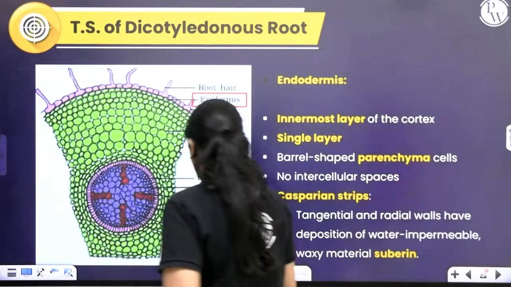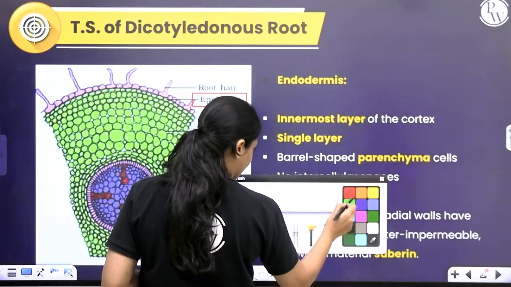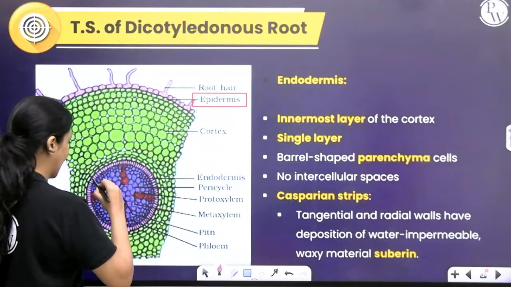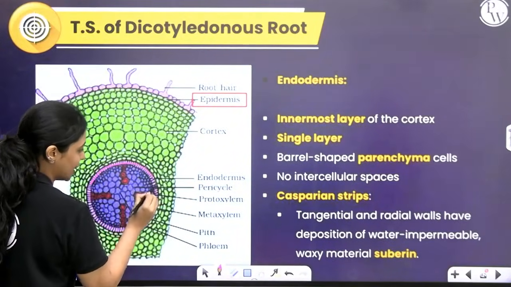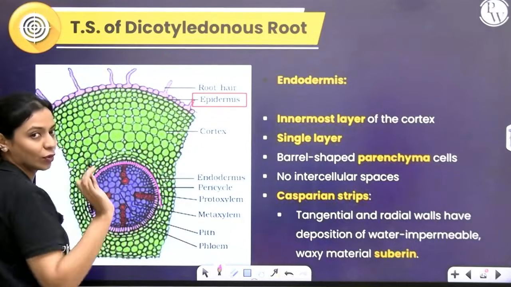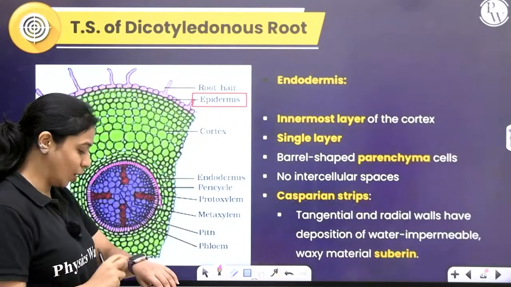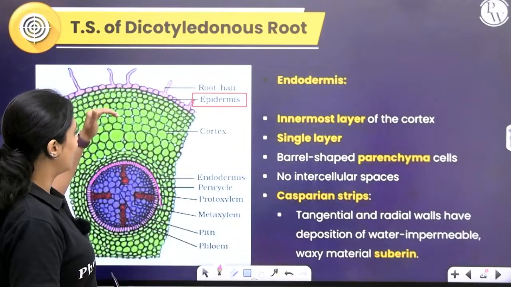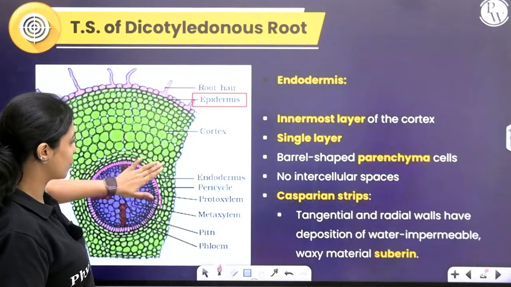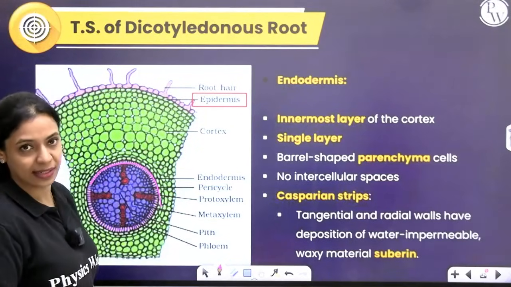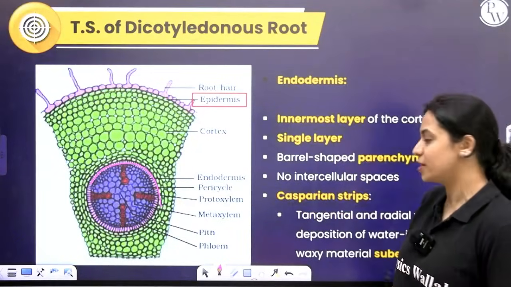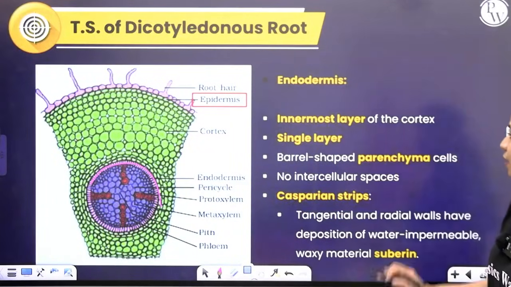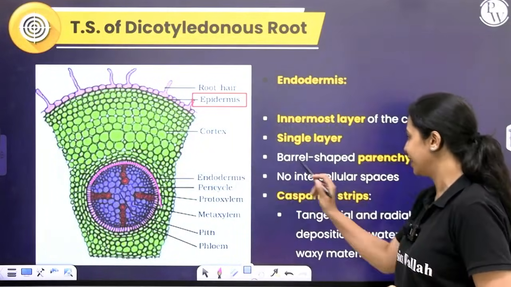Innermost layer of the cortex, which is represented as a pink color here, is called the endodermis. Endodermis also is a part of the ground tissue system. This is the innermost layer of the cortex. Look at how the other layers of cortex are different from this layer. Though the innermost layer of the cortex or endodermis also is parenchymatous in nature, you see how here it is barrel shaped.